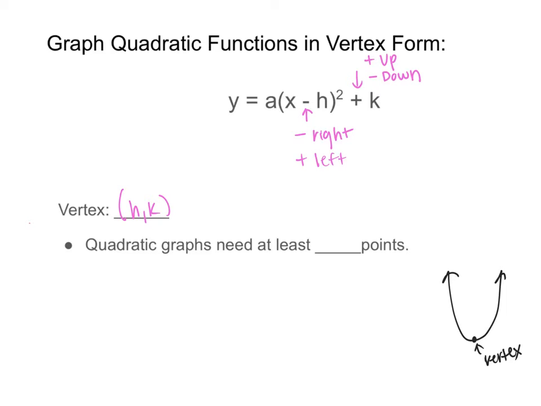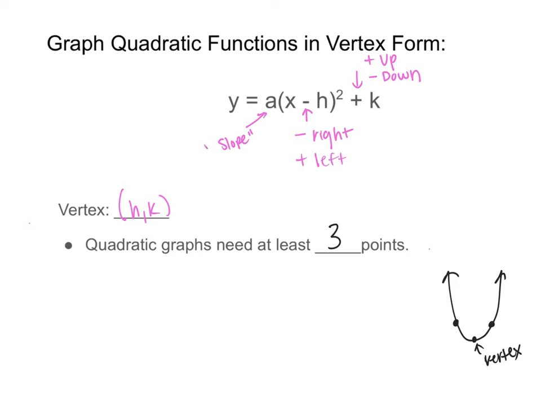When you're plotting points on a quadratic, you need at least 3 points. So you need to have 3 coordinate points to draw a parabola. Make sure you have 3 points. And to get the extra point here, you grab the slope. Technically the slope you can use is the number that's outside of the parentheses or next to the x.